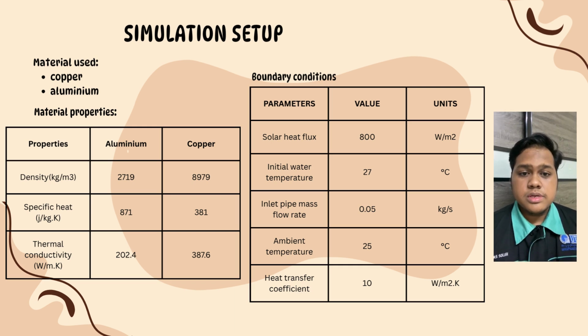For the boundary conditions, the solar heat flux is set to 800 watt per meter square with an initial water temperature of 27 degrees Celsius and ambient temperature of 25 degrees Celsius. The inlet pipe mass flow rate is 0.05 kg per second and the heat transfer coefficient is 5 watt per meter square Kelvin.